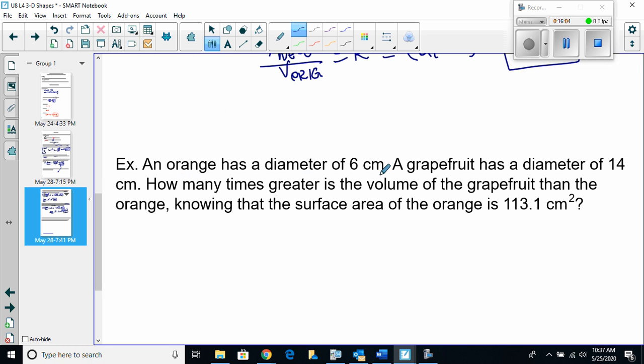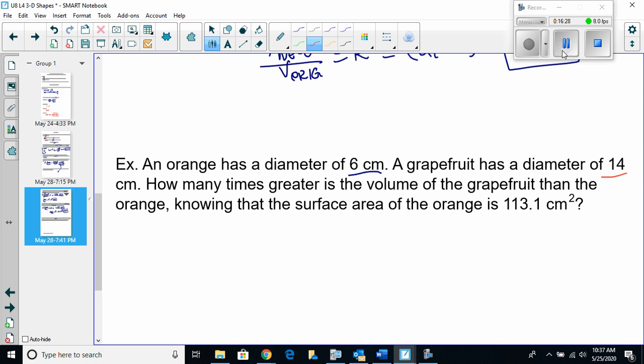An orange has a diameter of 6. A grapefruit has a diameter of 14, linear, okay? How many times greater is the volume of the grapefruit than the orange, knowing that the surface area of the orange is this much? Okay, you can do this on your own.